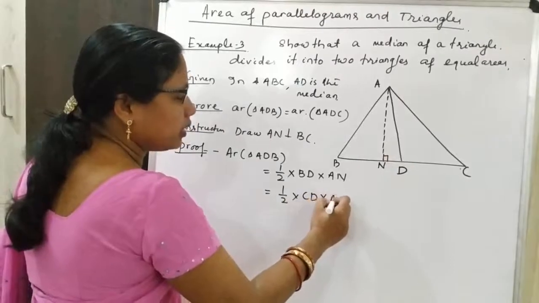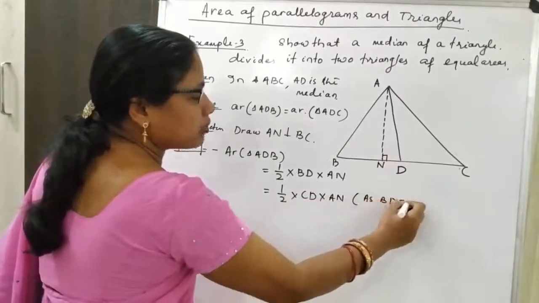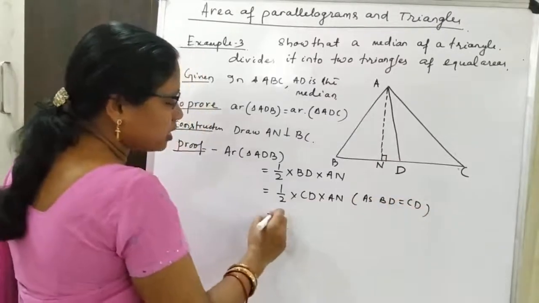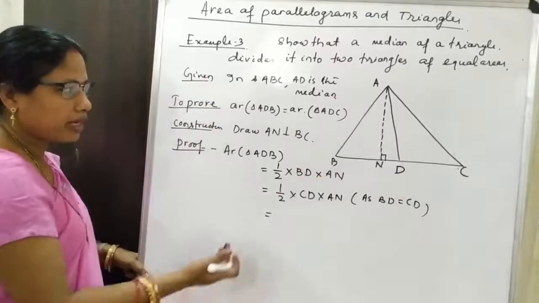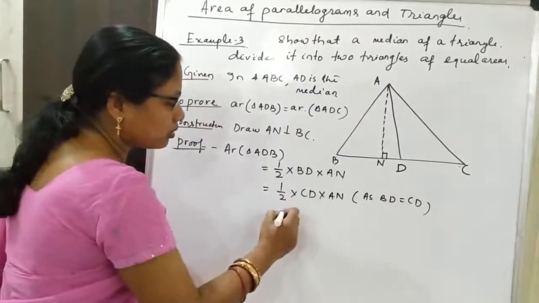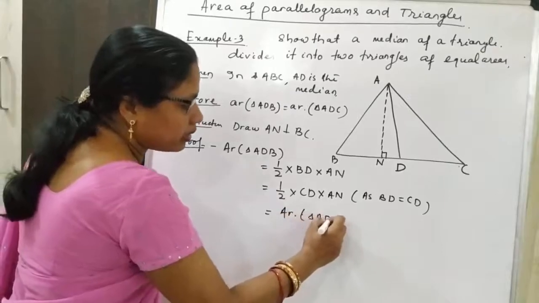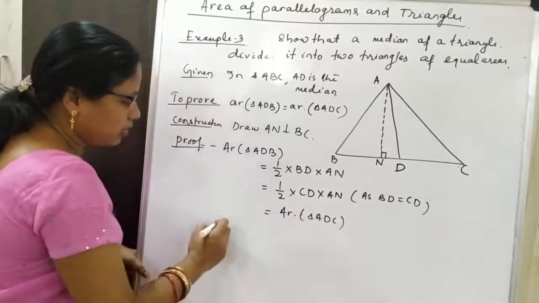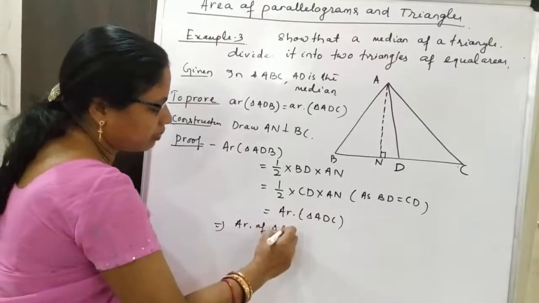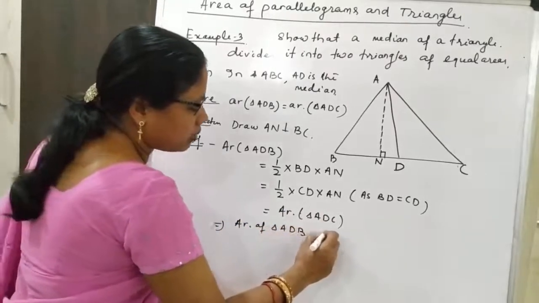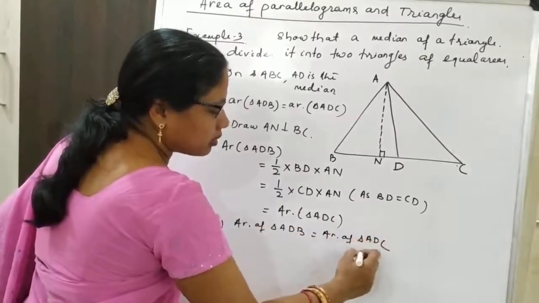So half CD into AN. This is the area of triangle ADC. So here in this case we prove that area of triangle ADB is equal to area of triangle ADC. So this is proved.